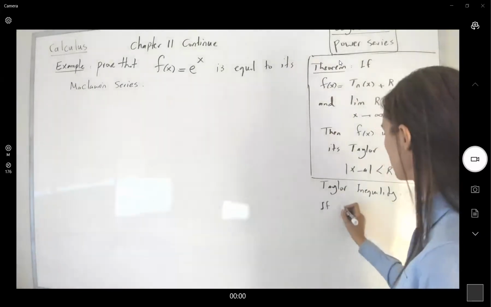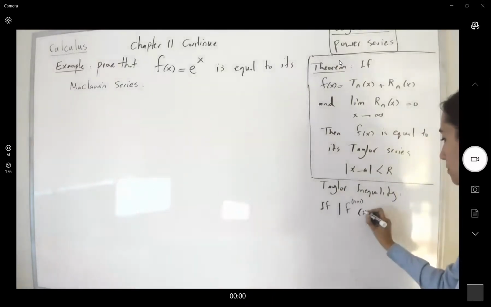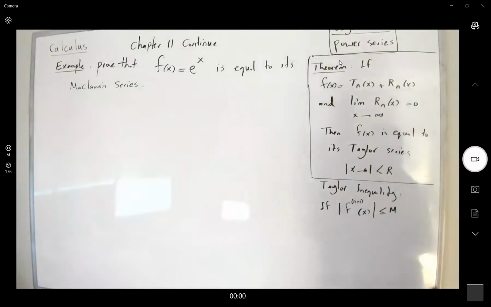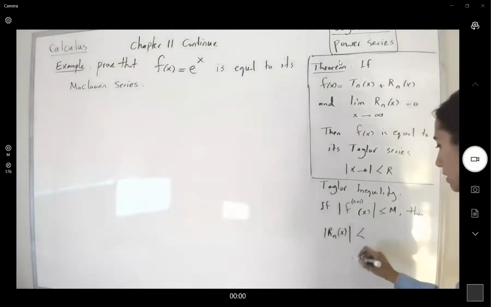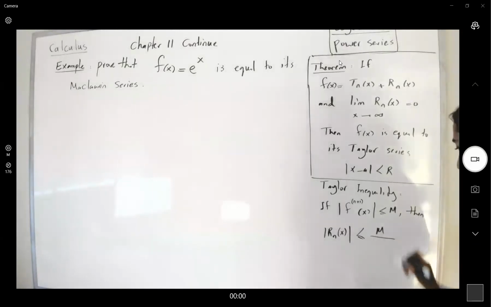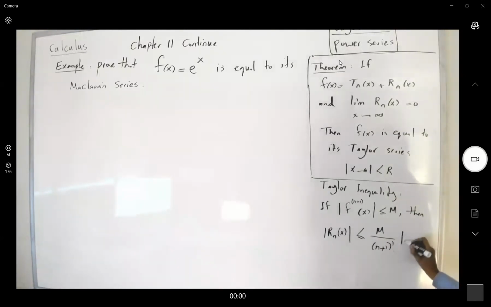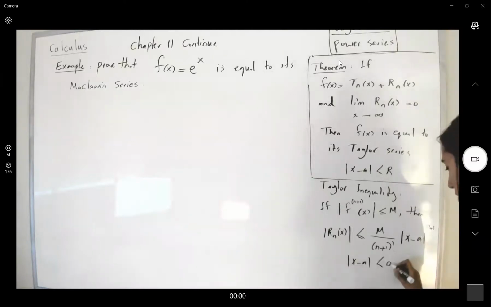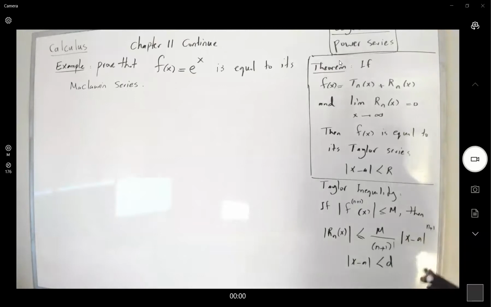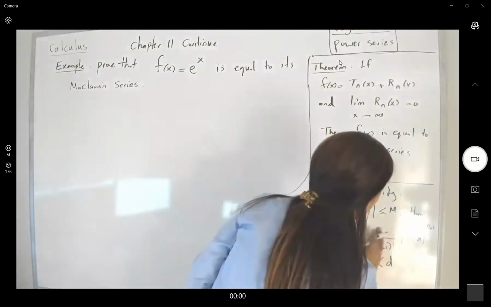says if the n plus 1 derivative of f is bounded by a constant function like M, then Rn of x is less than or equal to M divided by n plus 1 factorial times the absolute value of x minus a to the power n plus 1, and this is less than D. Okay, perfect.